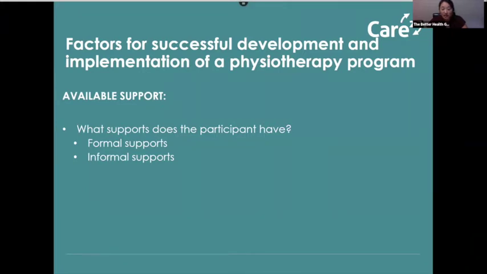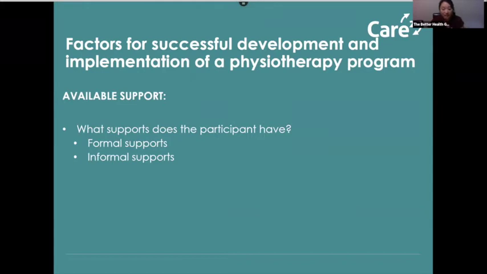If they are living with a family member, their nominee or their main carer, then let's include them within the program so they can provide that ongoing support. Because frequency of physiotherapy sessions can vary, it could be weekly, fortnightly, or monthly, so it's not enough for the participant to engage in the program only when the physiotherapist is present.